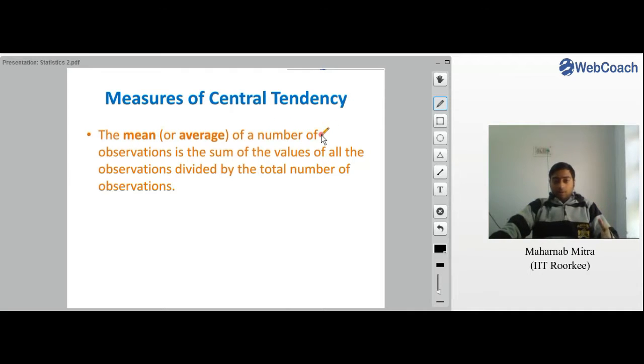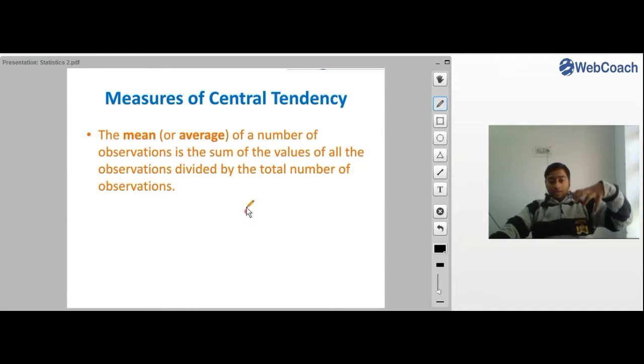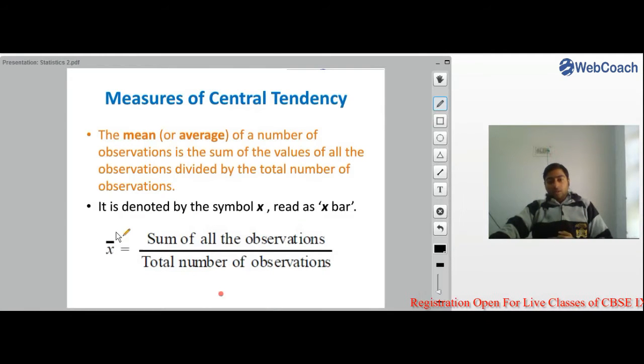The mean or the average of a number of observations is the sum of the values of all the observations divided by the total number of observations, right? The average is nothing but the sum of all the values of observations divided by the number of observations.